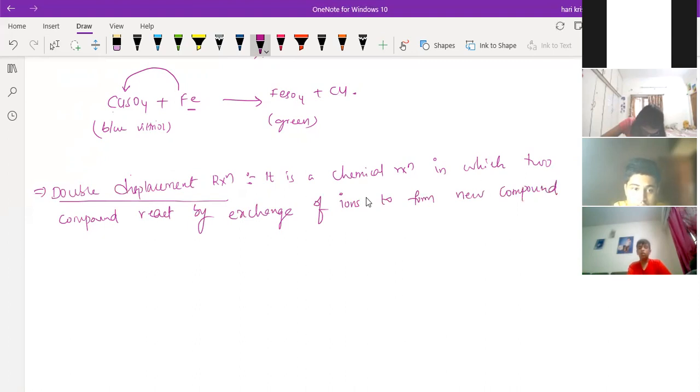Two compounds will react and these compounds will exchange their ions to form two other new compounds. That is the double displacement reaction.